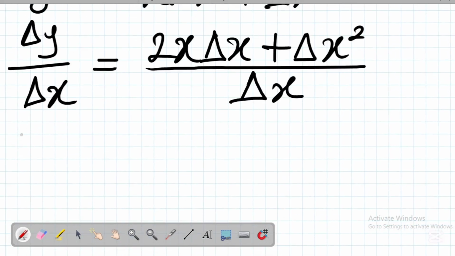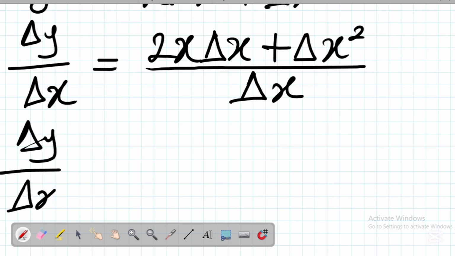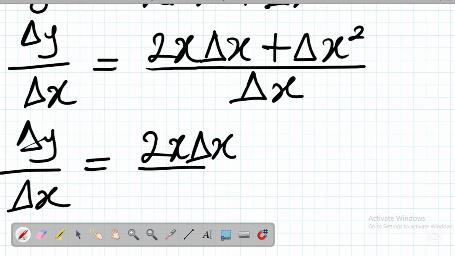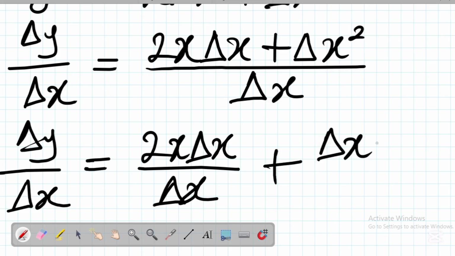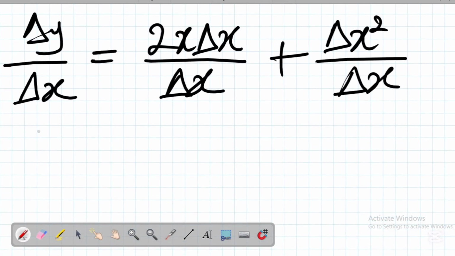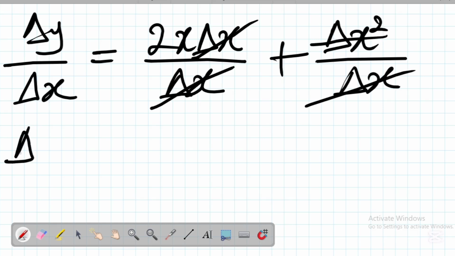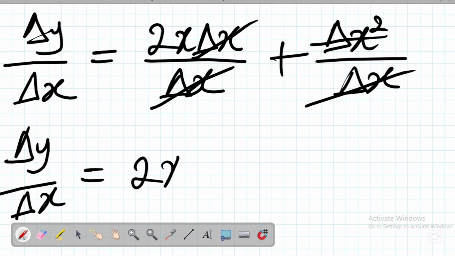This can also be written as 2x change in x all over change in x plus change in x squared all over change in x. So now change in x cancels change in x, and change in x cancels one of the change in x here. So we have change in y all over change in x equals 2x plus change in x.